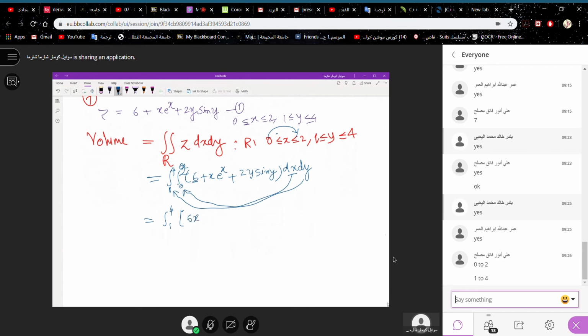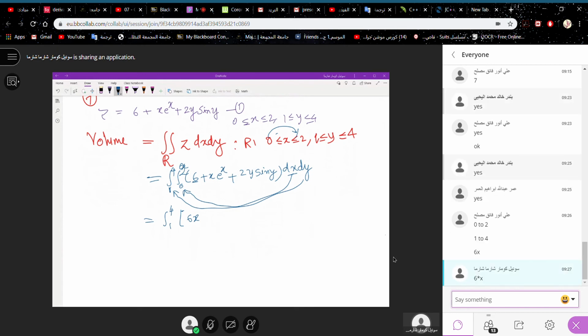6x, right? What is the integration of 6? 6x. And here, this is x and this is e to the power x. So this is the product of two functions, right?